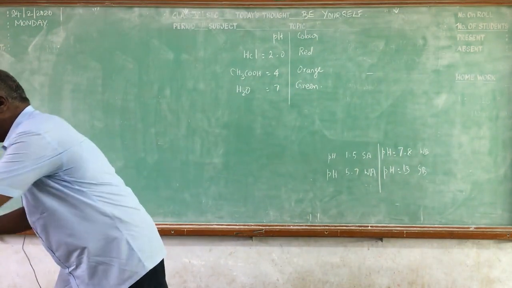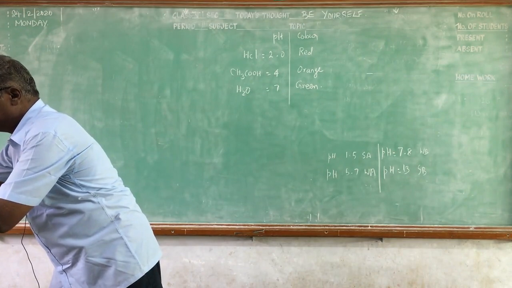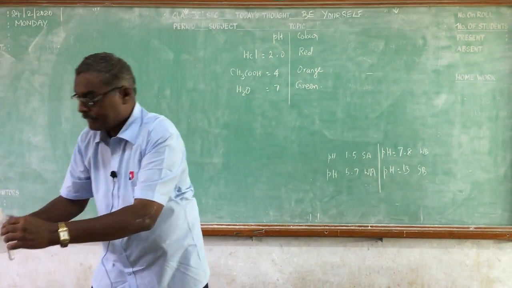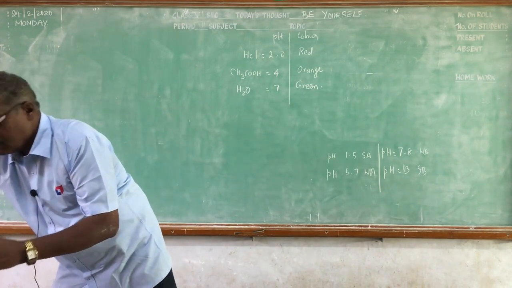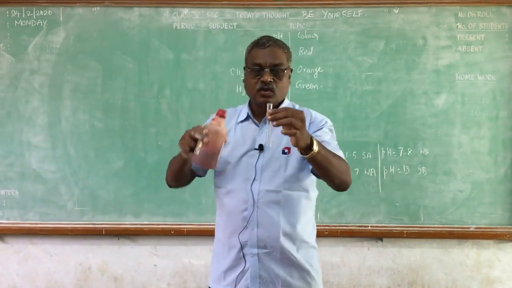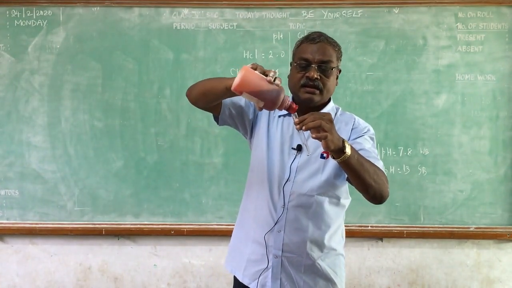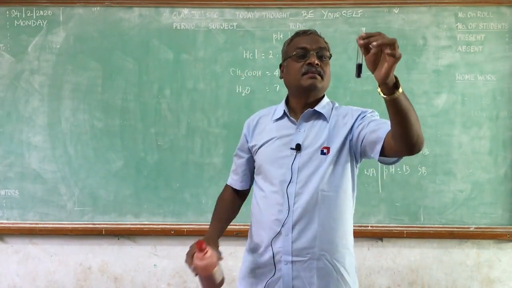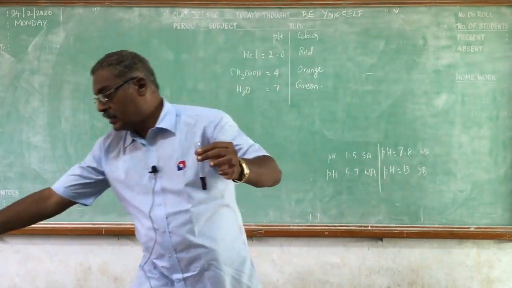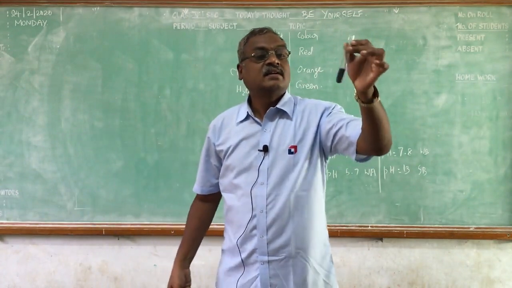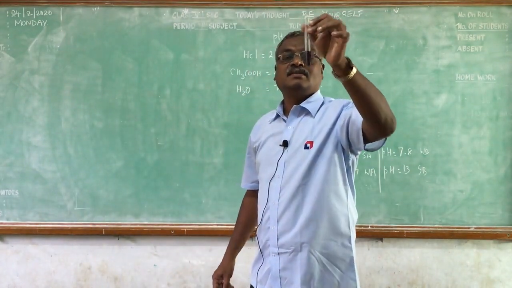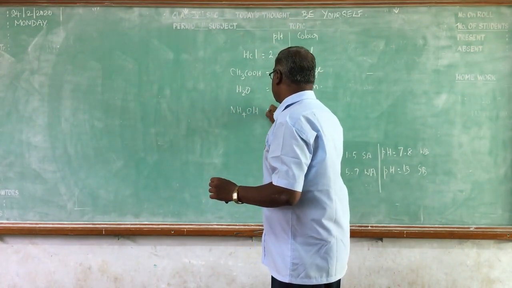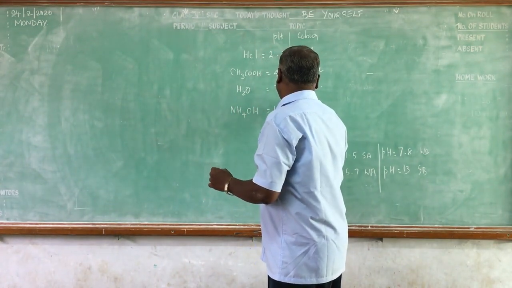Then the fourth one, ammonium hydroxide, NH4OH. In that I am adding the universal indicator. I am getting a blue or violet color, a light violet color. So for ammonium hydroxide we can take it as 12, light violet.